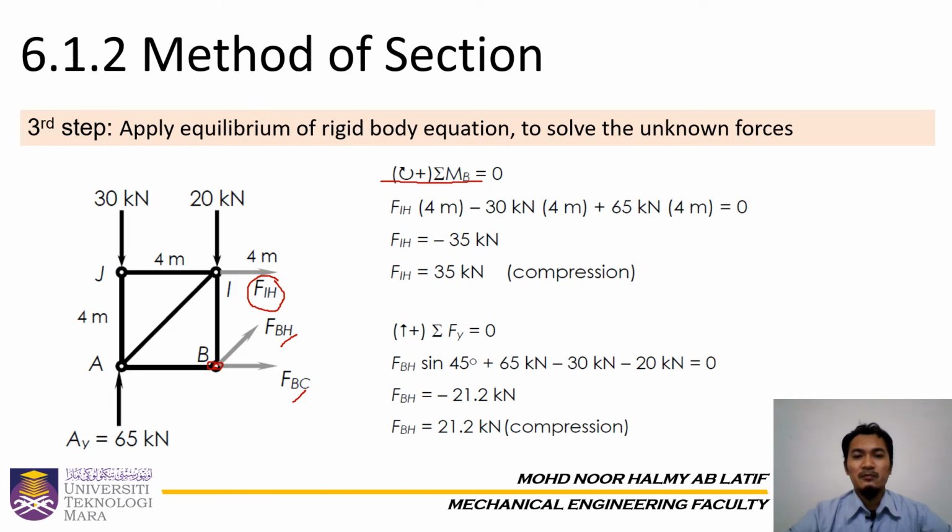By solving the equation of moment at B equal to 0, we get FHI equal to 35 kilonewton, which is negative, which shows that the member is in compression.